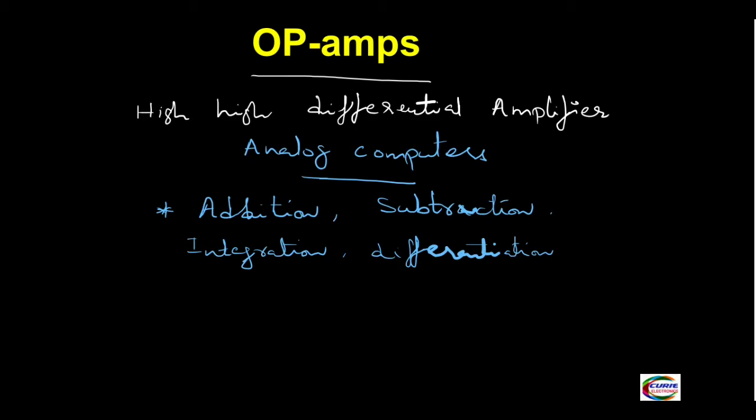Now we'll see what the circuit symbol for the op-amp is. The circuit symbol is just like a triangle with two inputs, plus and minus, and one output terminal. Let me draw it once more.